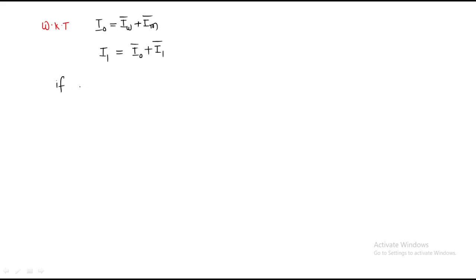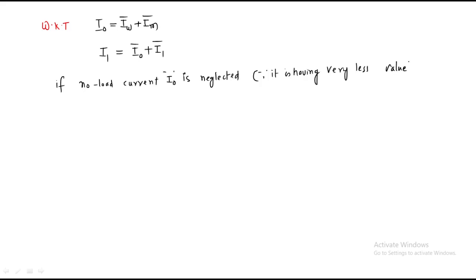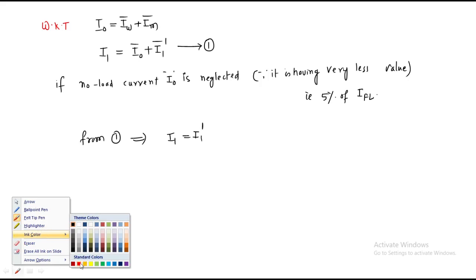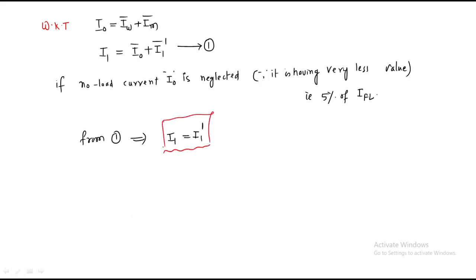If the no load current I0 is neglected, since it has a very small value, only 5% of full load current, then I1 equals I1 dash only, right?